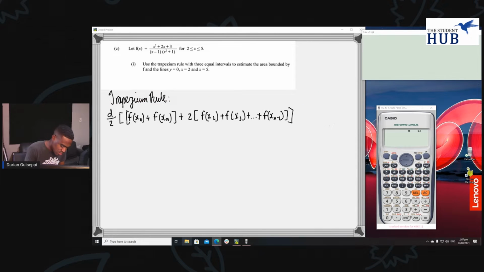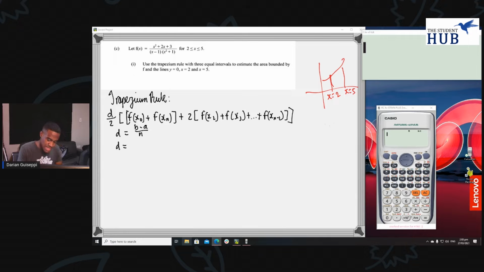We need to find out what d is. How do we find d? The formula for d, we should know this. d is b minus a on n, where, remembering the diagram I had before, a is x is equal to 2 and b is x is equal to 5.